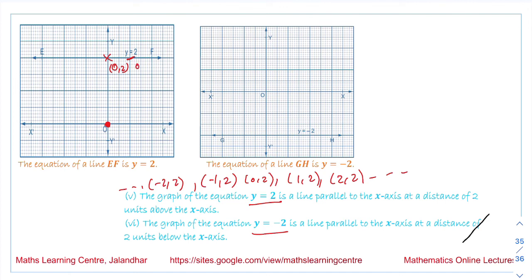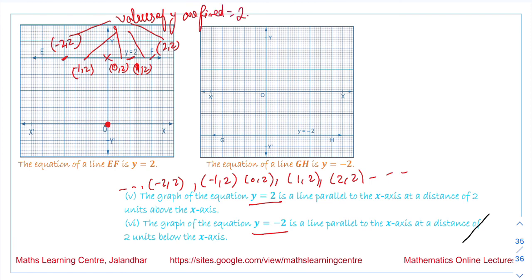Next this point is (1, 2). This is the point (2, 2). Then on the left side it is (-1, 2). Next point is (-2, 2). So the values of y are fixed, that is equal to 2.